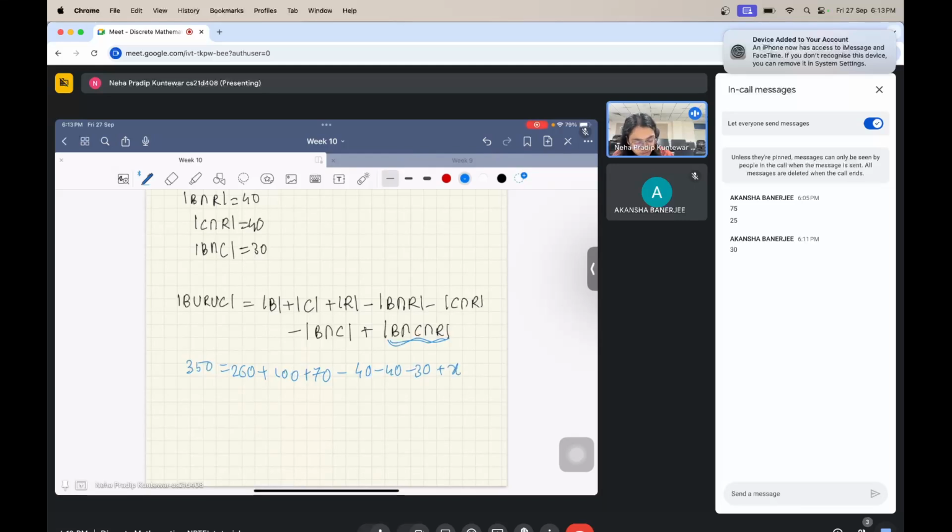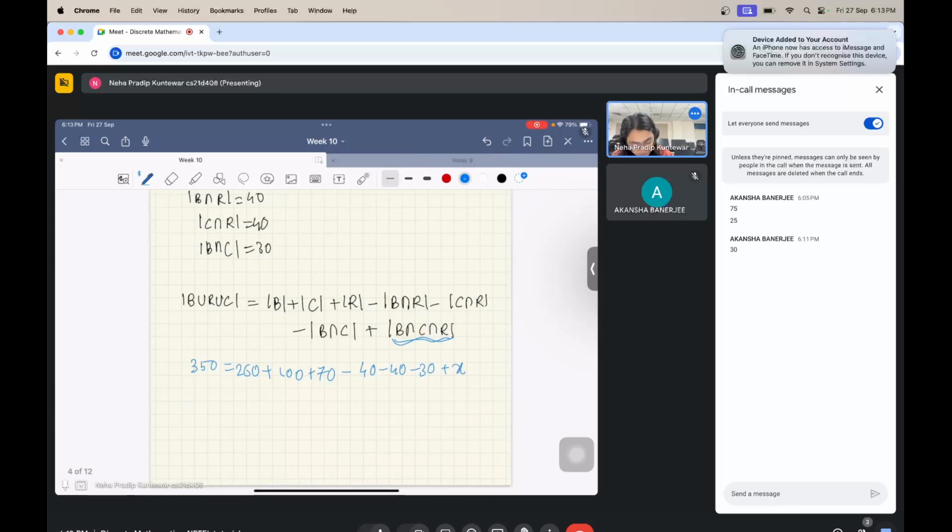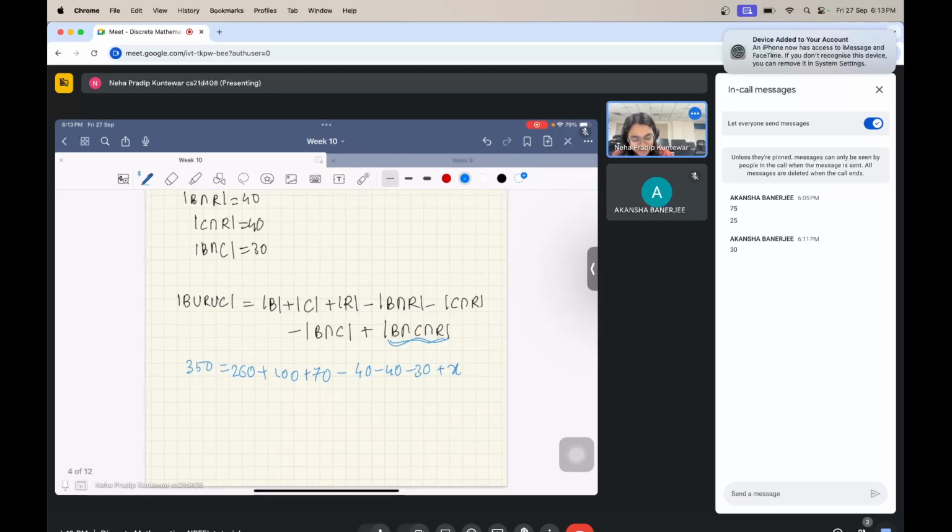Let me call this X. X turns out to be 350 minus 320, which is 30. Okay, so that is the idea.